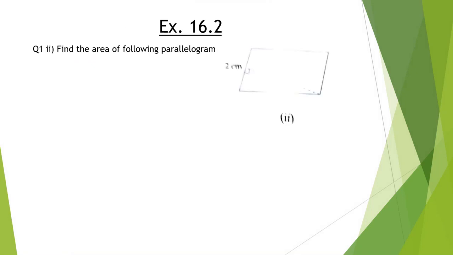Here a parallelogram is given in the question, and one side is given in the figure. So this side we can take as base. Then what will be the corresponding height? This is the corresponding height. As I told you, the height should correspond to the base we are taking.